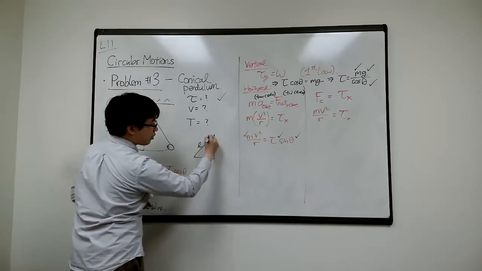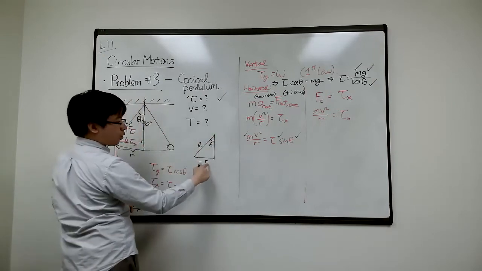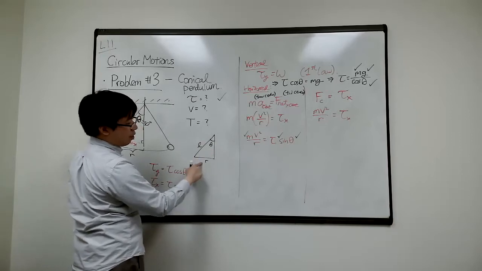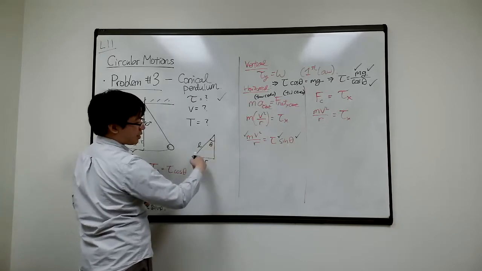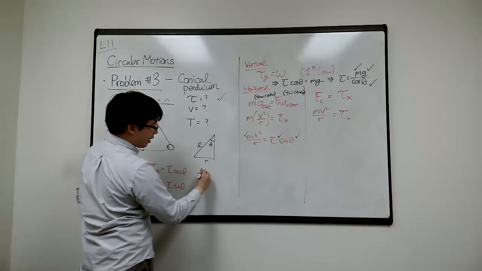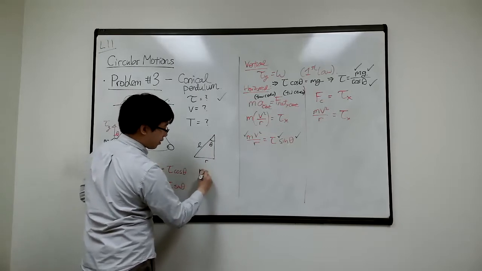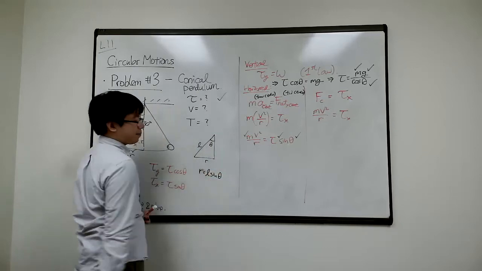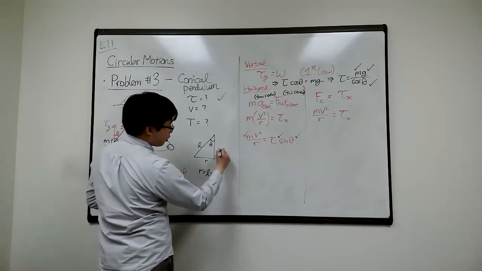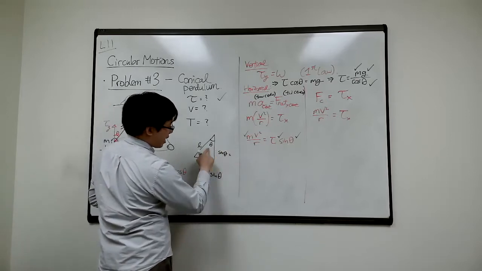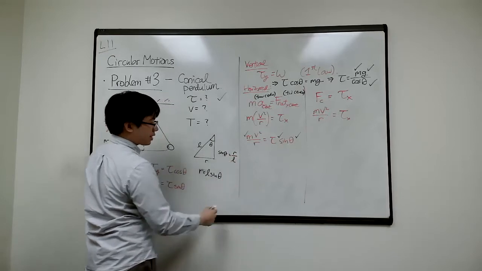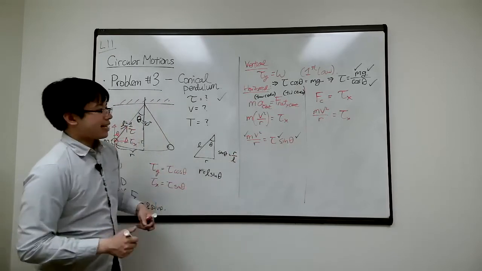Larger over here, so this is theta. So what's the relationship? That's an opposite, so it's a hypotenuse times sine theta, so r is L sine theta. Or you can do one more step to be sure: sine theta is opposite over hypotenuse, so you can get that.